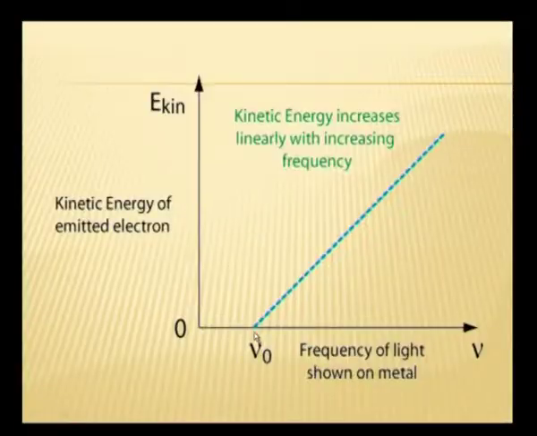What is nu naught? It is the minimum frequency which should be incident on the metal plate to start the photoelectric effect. Now, let me ask the question, when you are exposing the metal plate to a frequency nu naught, what is the energy associated? Kinetic energy associated is 0.